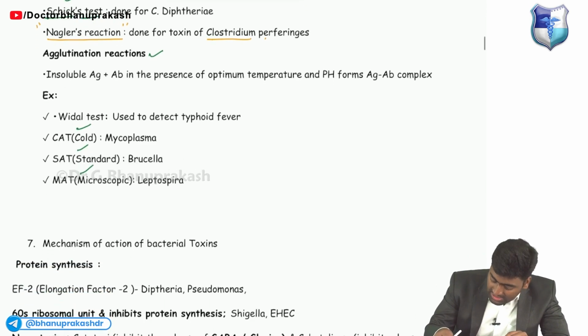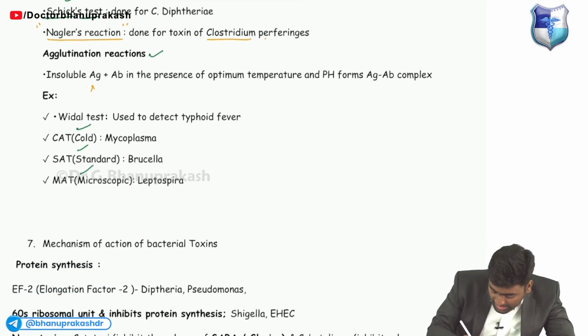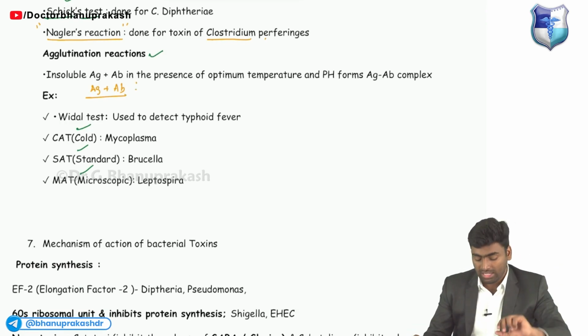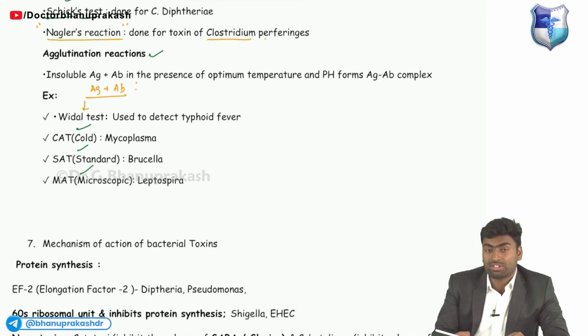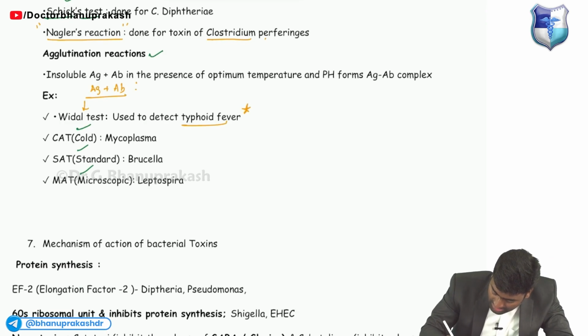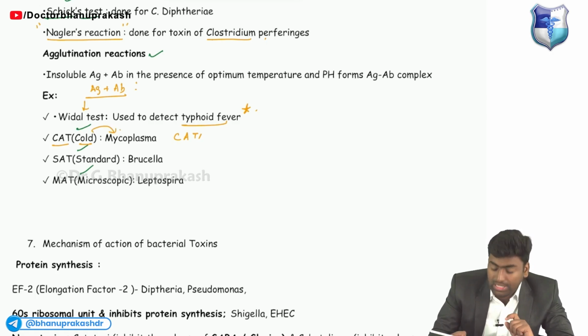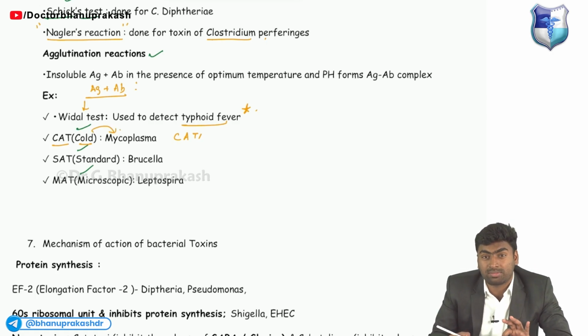Agglutination means the antigen plus antibody make a complex. This includes our Widal test, which we use for typhoid fever. Then the cold agglutination test is used for Mycoplasma.